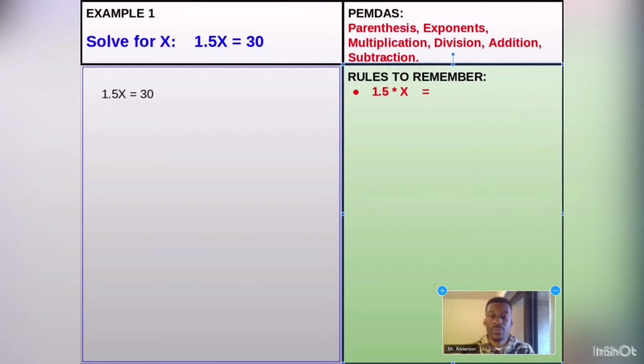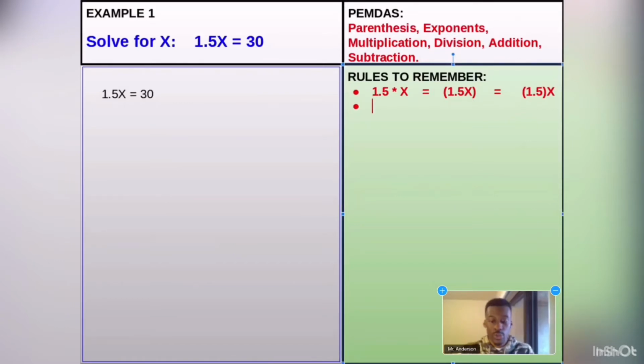Okay. So 1.5 times x is one way. Another way you can show multiplication with the same number and the same variable, which is x. You can do 1.5x in parentheses. Still multiplication. You can do 1.5 in parentheses and x right next to it. Still multiplication.